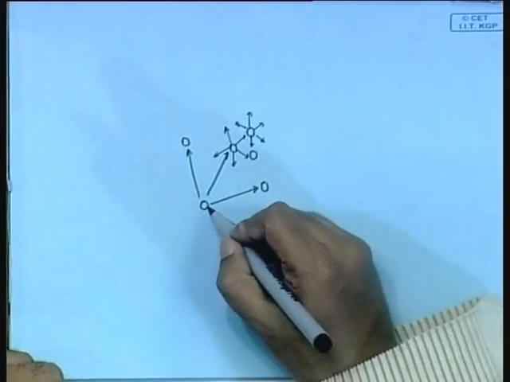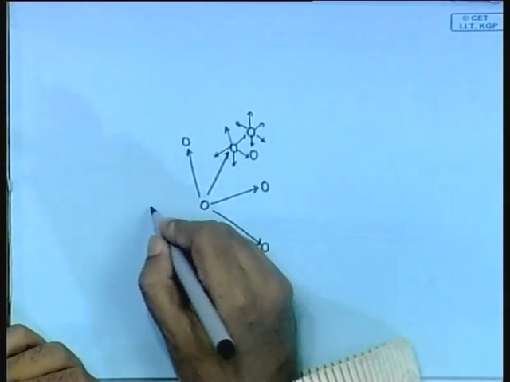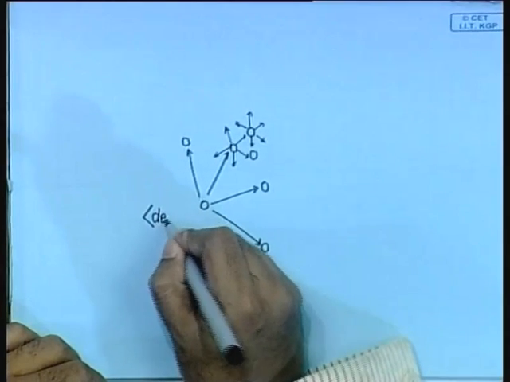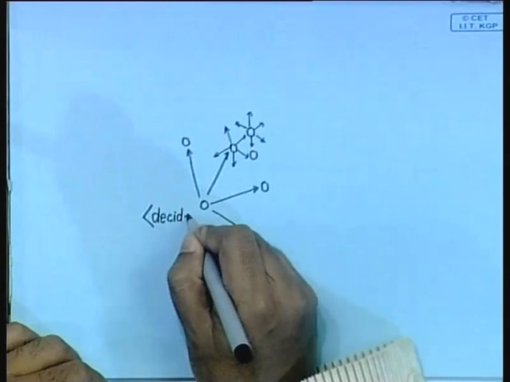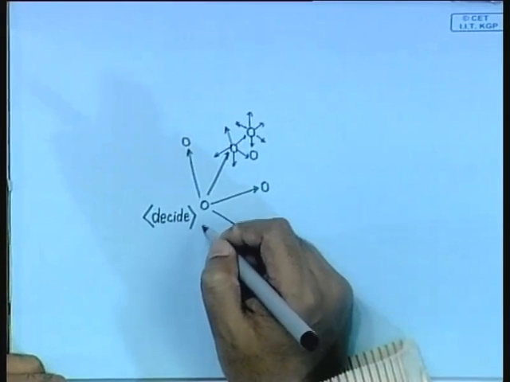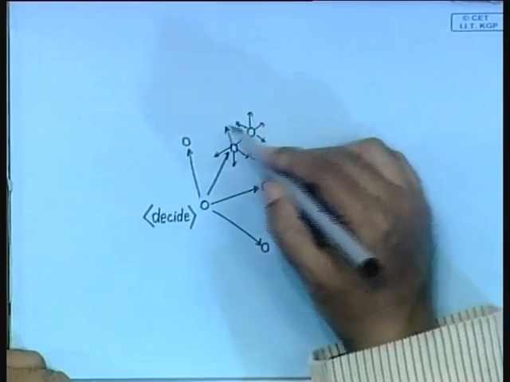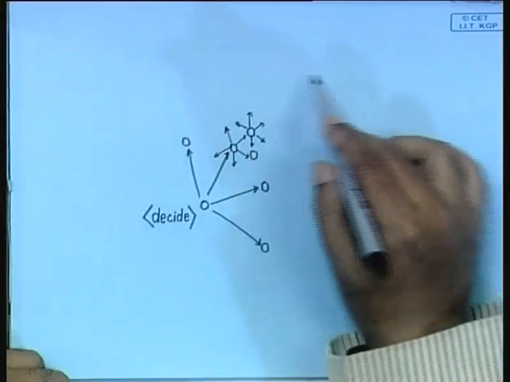And now, remember the last condition, that there has to be some decide event which typically happens in the initiator. This must be causally preceded by events at all other processes.